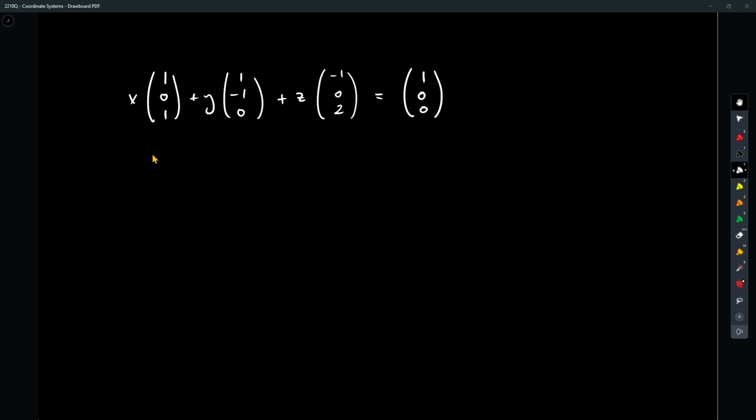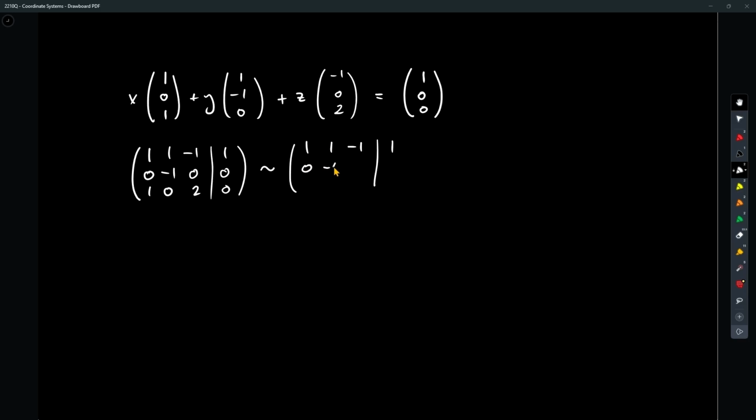Well, if I'm going to do that, then I can write an augmented matrix, 1, 0, 1, 1, minus 1, 0, minus 1, 0, 2, augmented with 1, 0, 0, and see what happens. This is 1, minus 1, 1. Again 0, minus 1, 0, 0. If I row reduce the last row, I get 0, minus 1, 2 minus minus 1 is 3, and then I get a minus 1 in the augmented column.